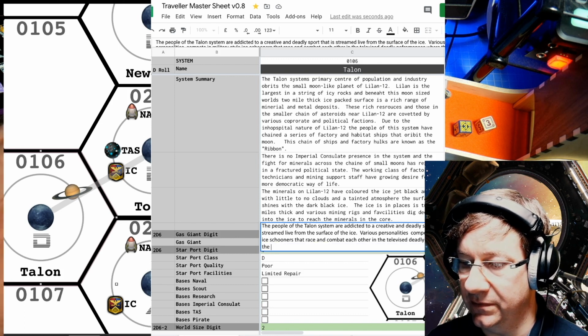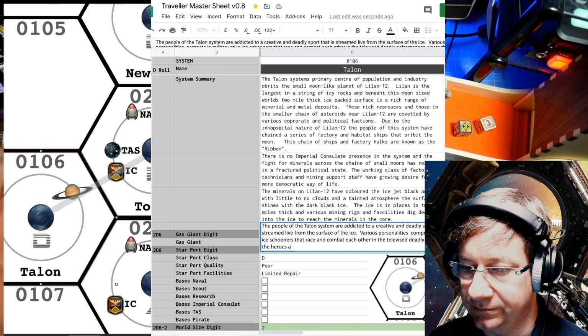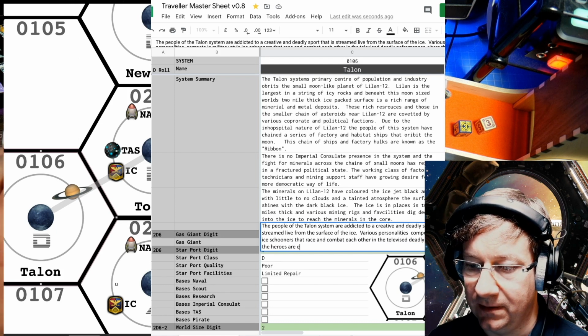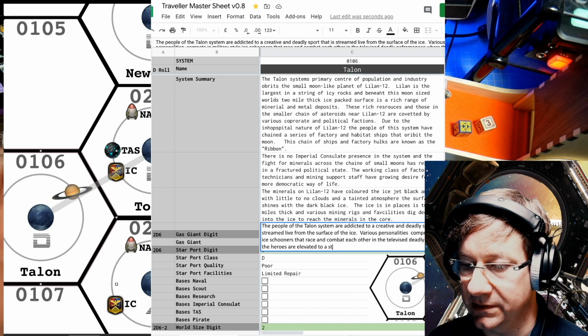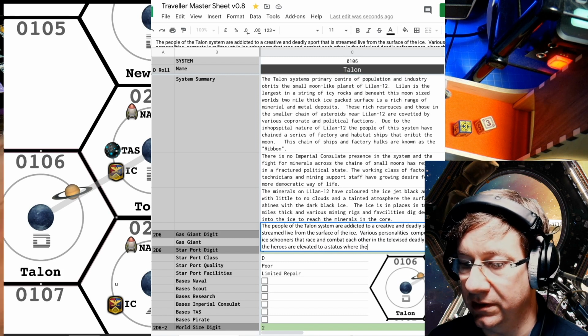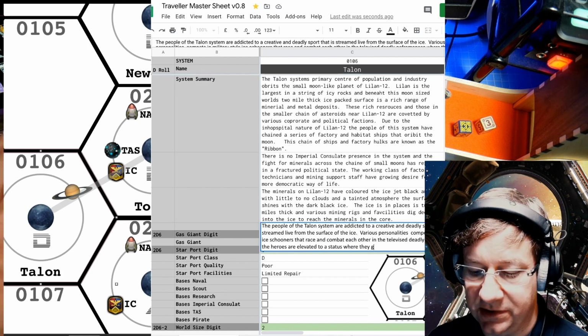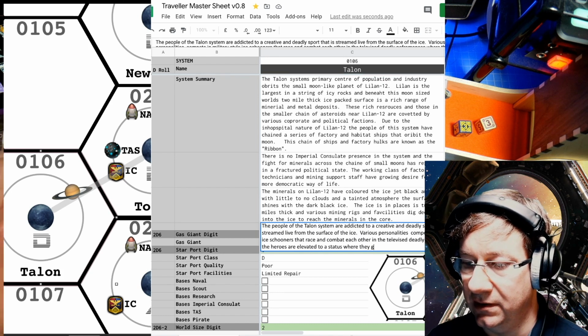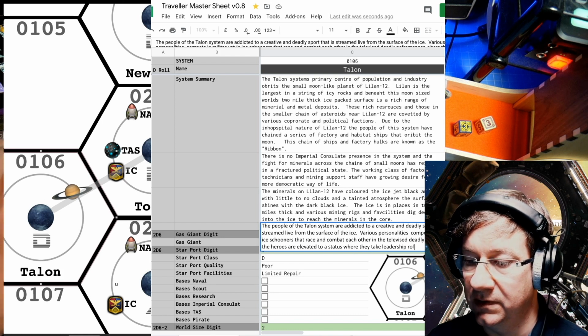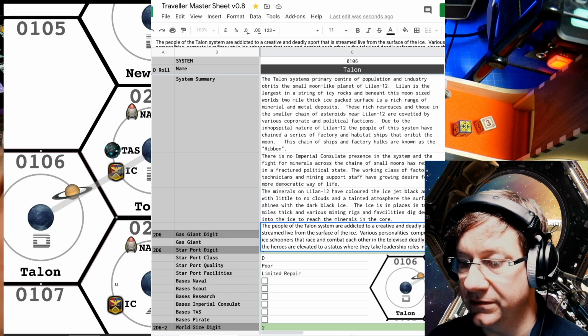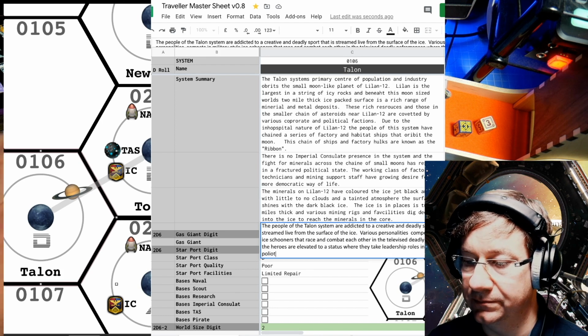So it's where the heroes are elevated to a status where they gain position, where they take leadership roles in one of several political groups.